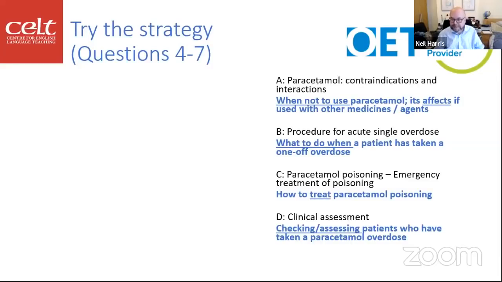I'm going to give you a little bit longer here. I'll give you 3 minutes to have a think about what you think are going to be the best matches. And do feel free to pop your answers into chat.